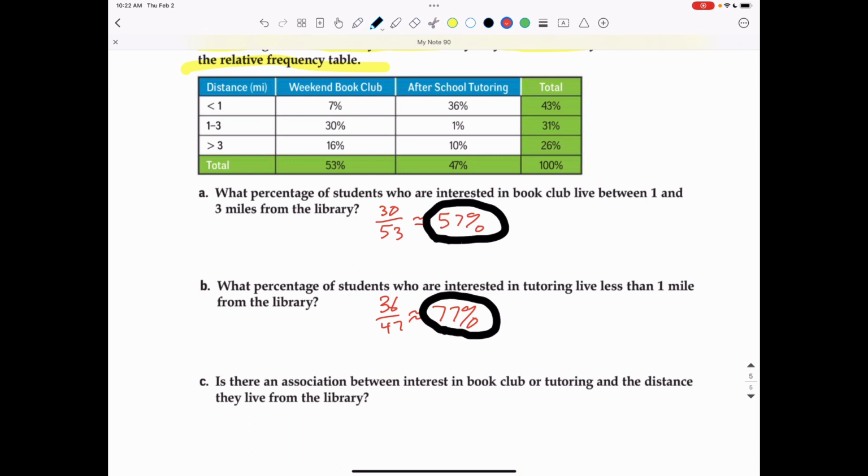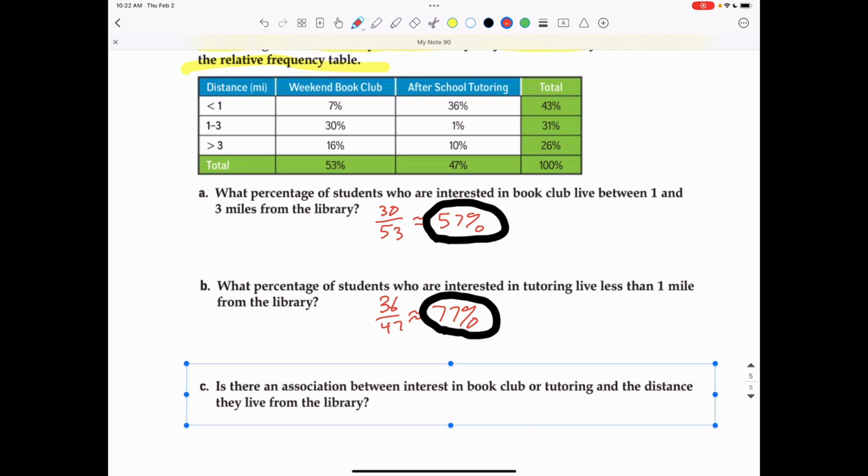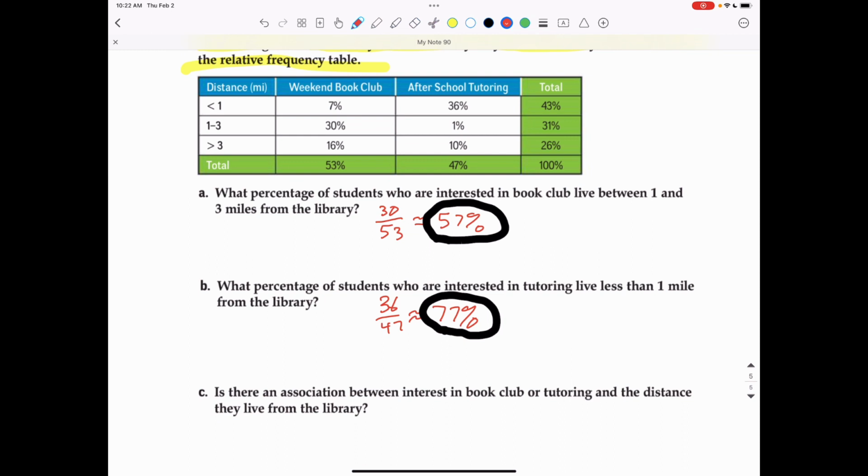And if we were to look at the percentage of, let's say, after-school tutoring that live more than 3 miles away, that would be 10 divided by 47, which is only approximately 21% interested in after-school tutoring. So you can see that the further they get away from the library, the less interested they are in doing either the weekend book club or the after-school tutoring.